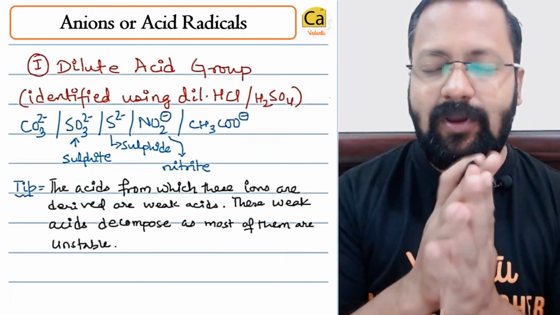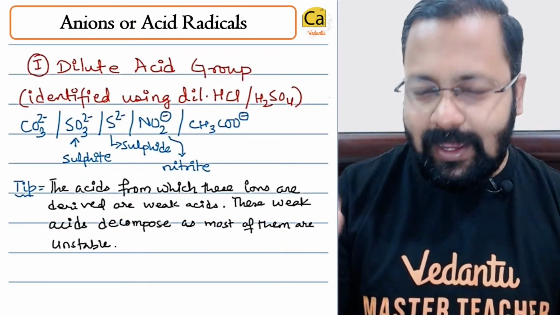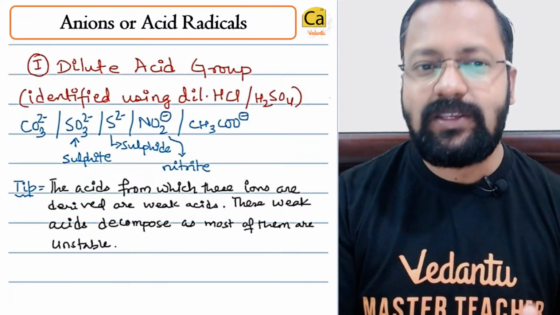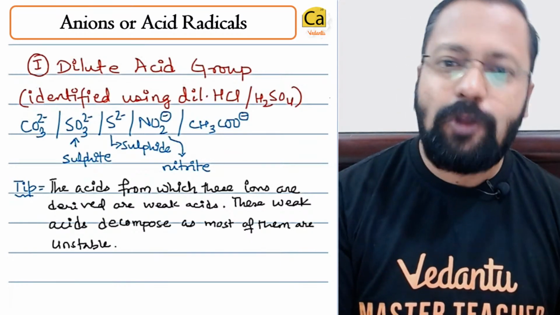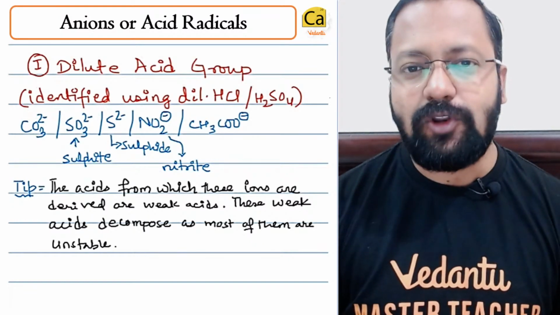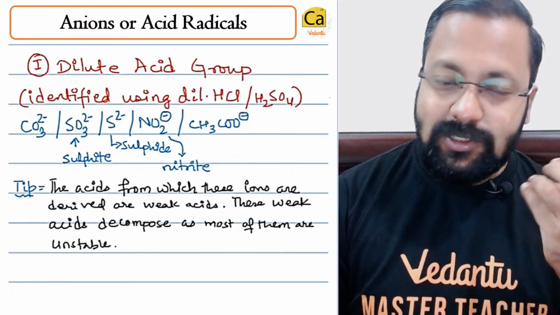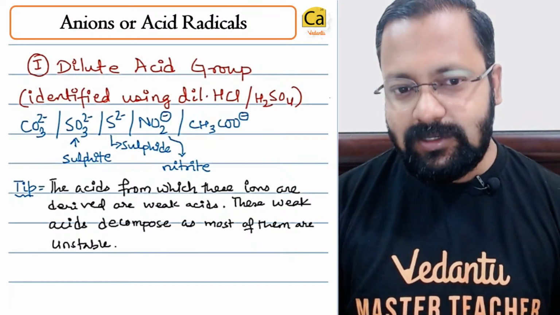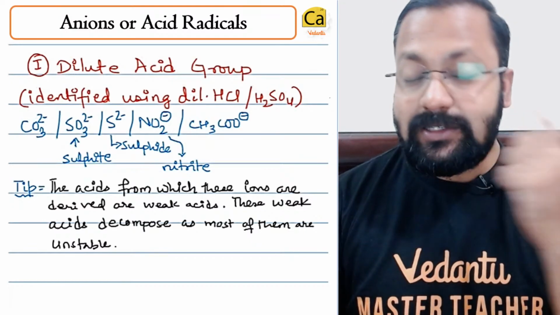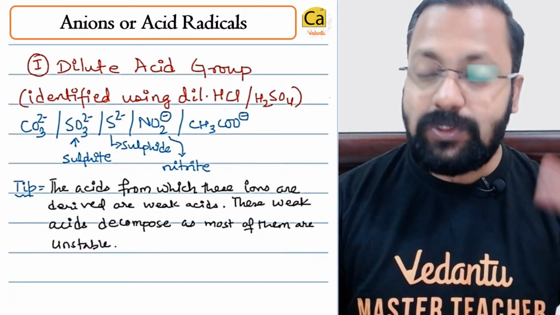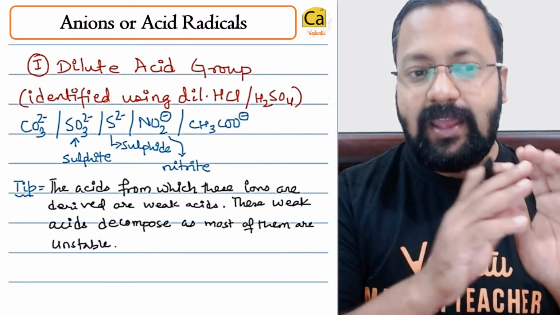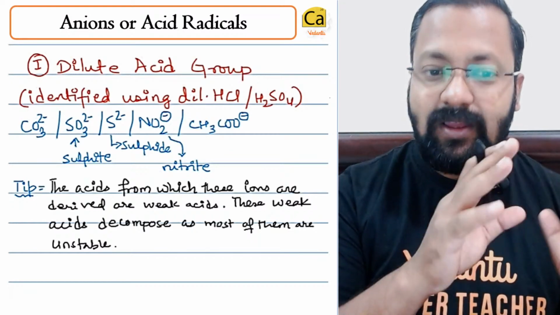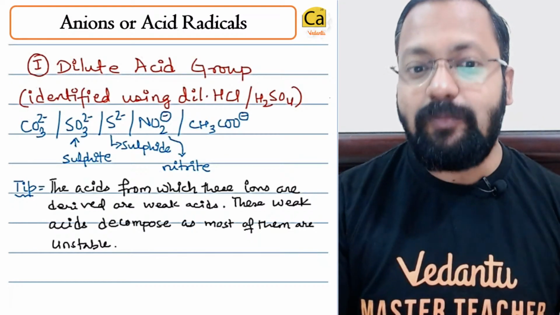So what we do is we divide all the anions into two different sets. One is known as the dilute acid group and one is known as the concentrated acid group. The dilute acid group contains those anions which are derived from weak acids, and these anions behave as strong bases.